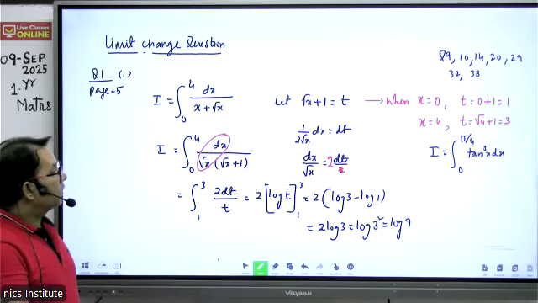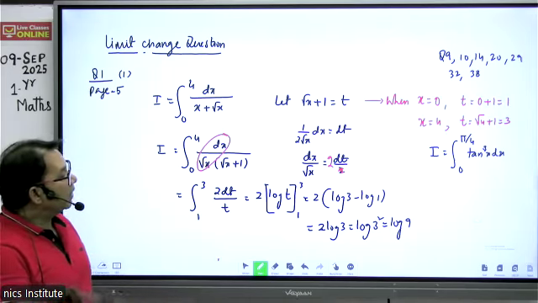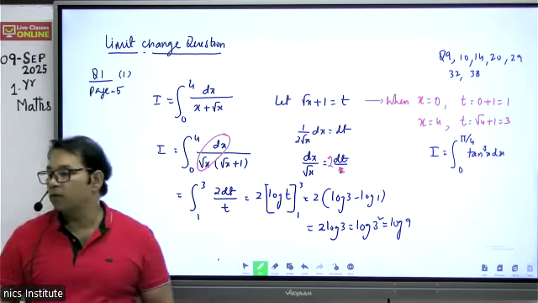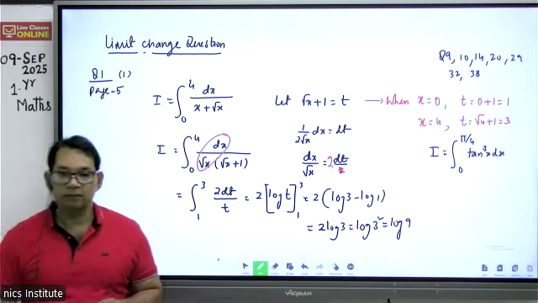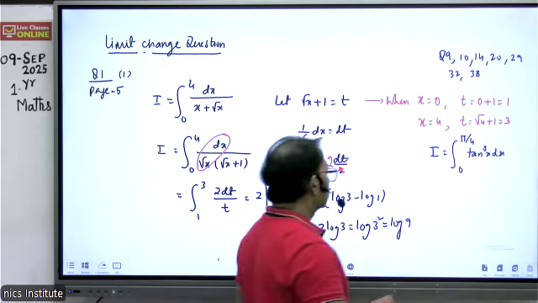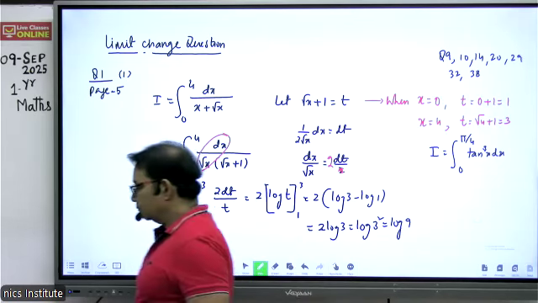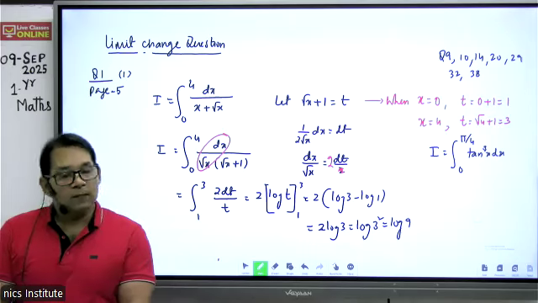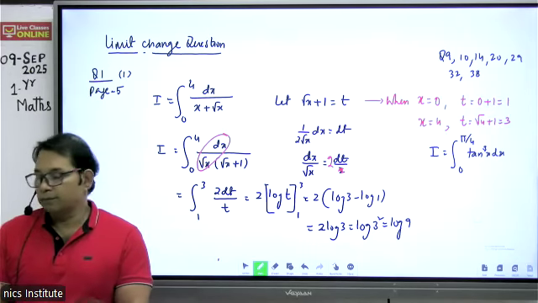Now what to do for this question 9? Question number 9 is 0 to pi by 4 tan cube x. How would you integrate this?